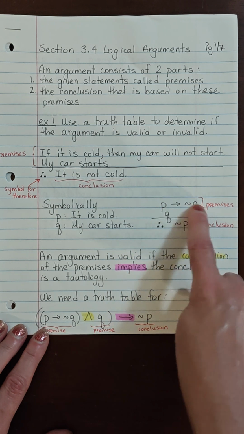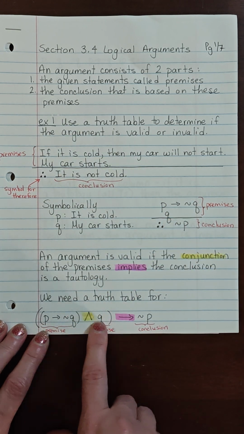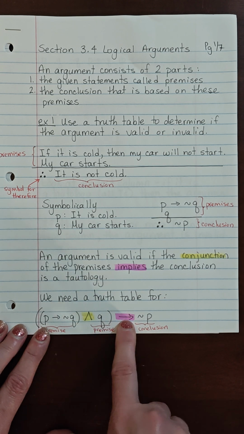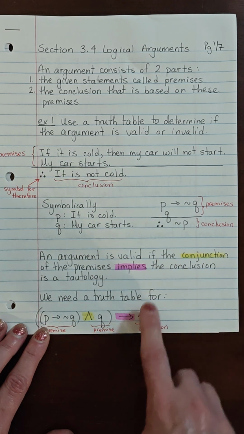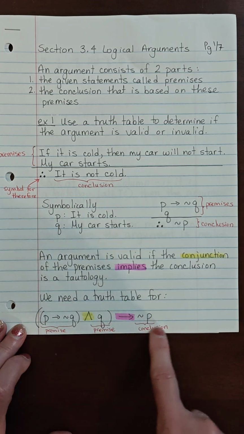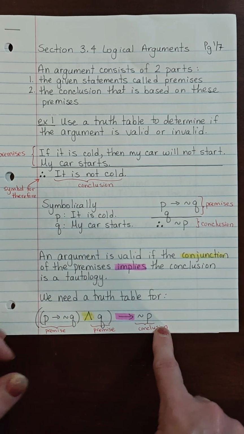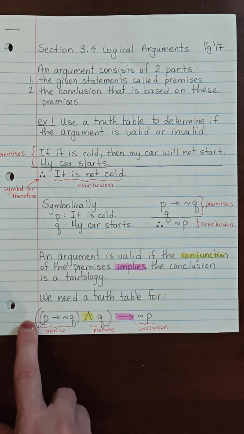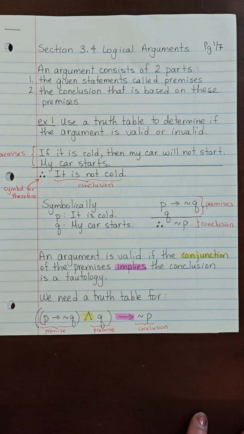So there's the top premise, and then there's the second premise. So the conjunction of these two premises implies the conclusion if this statement right here is a tautology, if it's all true. So I'm going to have to build a truth table for this guy right here.